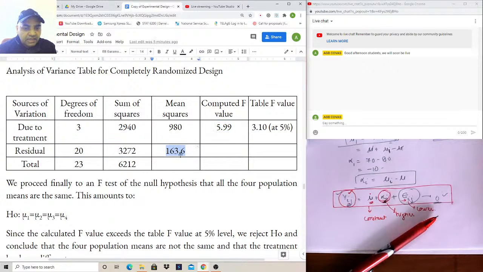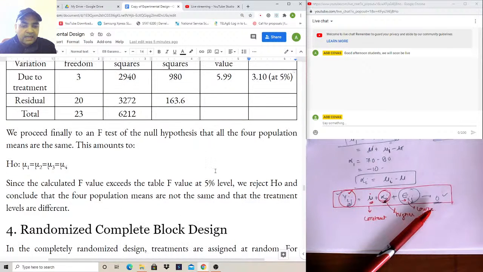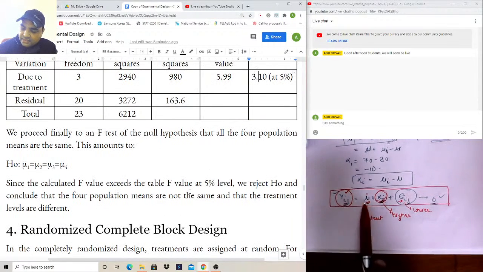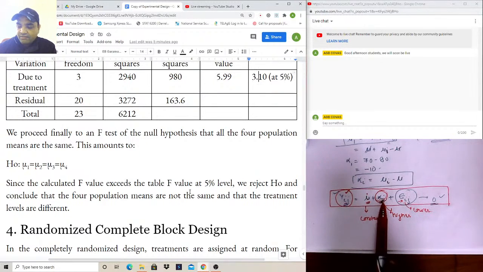So this will increase. If my treatment is good, my mean square of the treatment, this alpha i, will increase and this residual will decrease. And the ratio will increase. This is the basic concept of ANOVA and F table. And when this increases, there are chances of significance and hence rejection of the null hypothesis, and we can say that this Yij is significantly affected by alpha i.